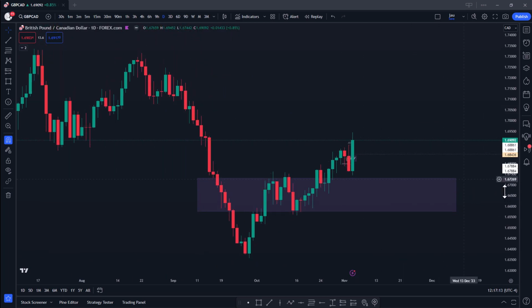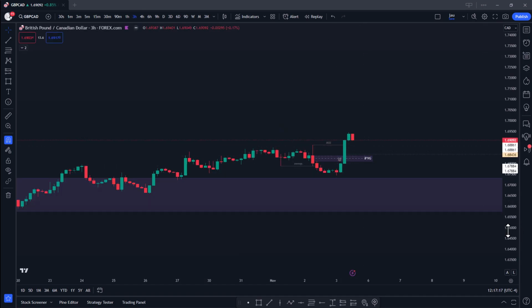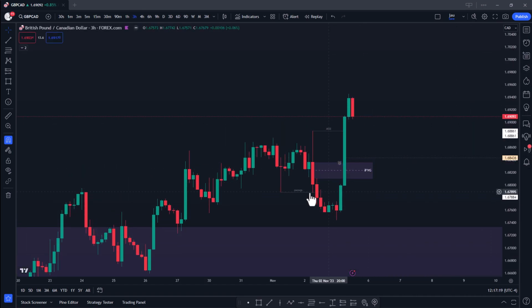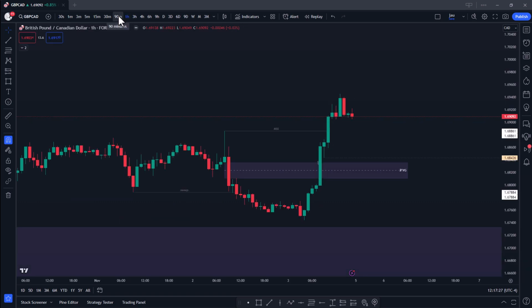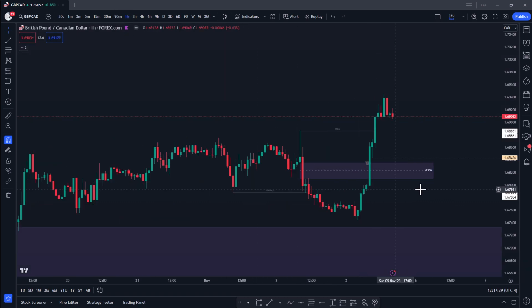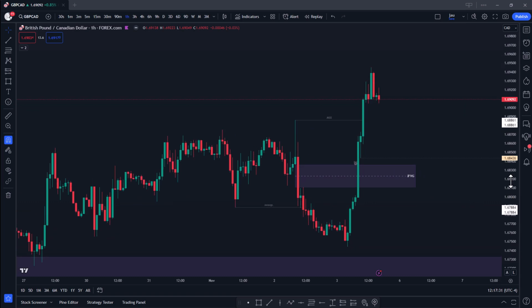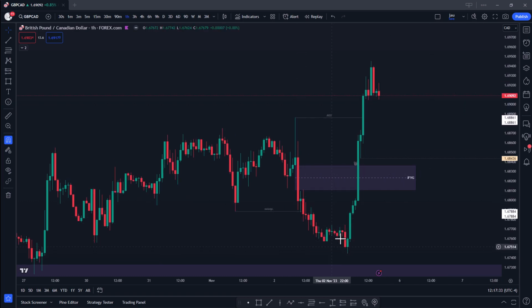I would like to see if price can continue respecting bullish PDRAs the same way it's been and push to the upside. So here you can already see my illustrations from a lower time frame that we got a liquidity sweep, a market structure shift, and a displacement to the upside. This inversion fair value gap is possibly from a 1 hour chart. There we go. 1 hour chart, we got a sweep, another sweep down there.